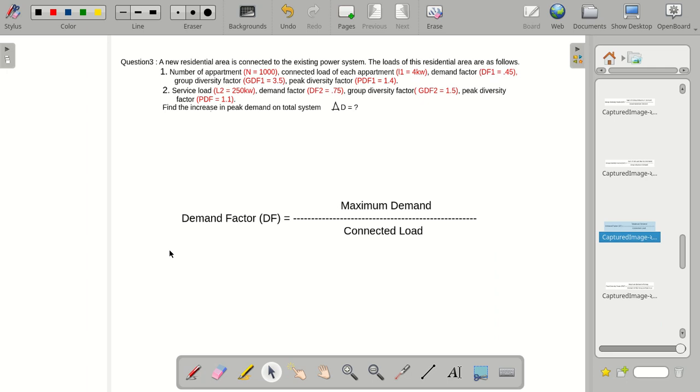Demand factor is equal to maximum demand divided by connected load. Connected load means the rating of the load connected at the consumer, in your house or any other consumer. Imagine your load is rated 60 kilowatt, but your demand may not be 60 kilowatt, it may be 50 kilowatt, because you will not turn on all your loads all the time.